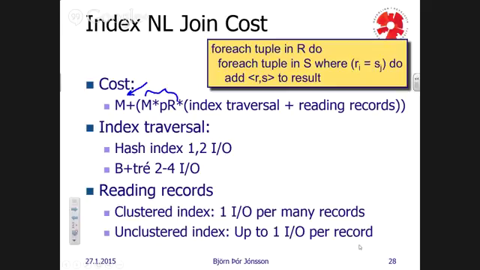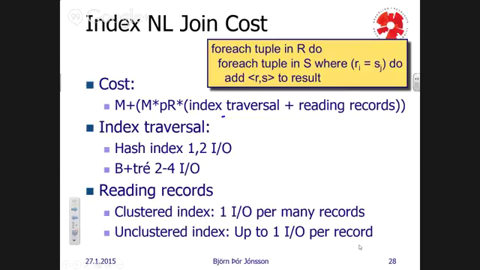One is traversing the index, and the second one is retrieving the actual records. And we went through that last time. What are the costs? For a B+ tree, there might be 2 to 4 IOs. And if you are looking for a single record, then that's going to be 1 IO typically, unless some clustering comes into effect and so on. Yeah, so this actually says here. Clear?